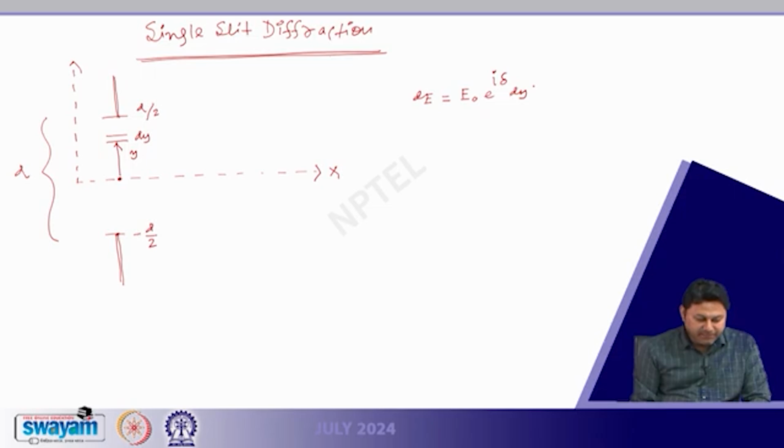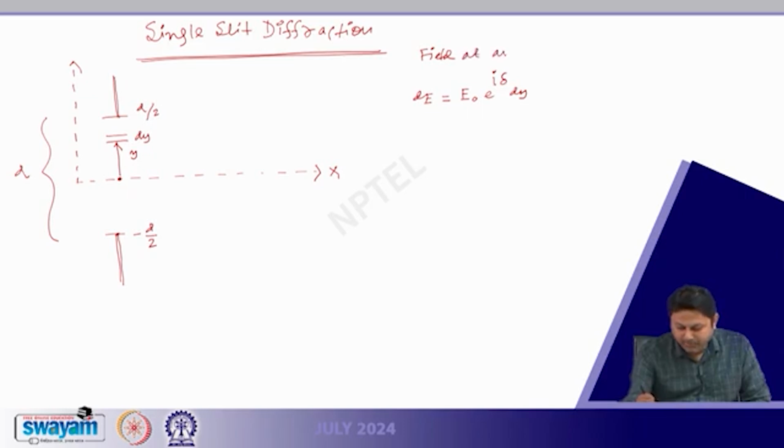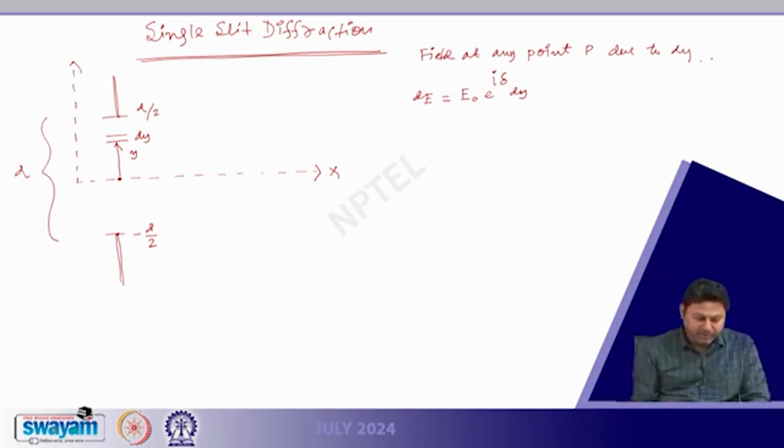So, this is the field at any point P due to the aperture dy, that is the amount of the field one can have.